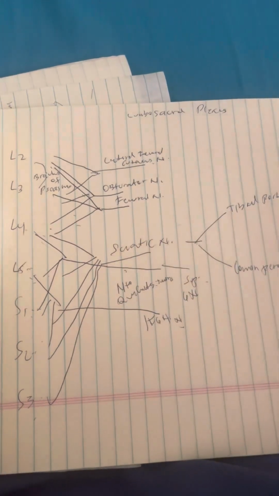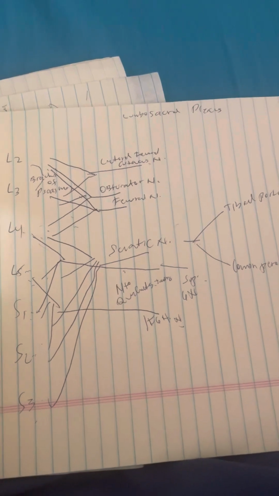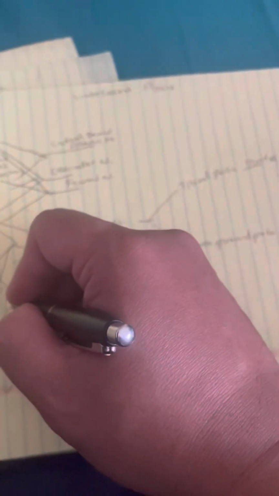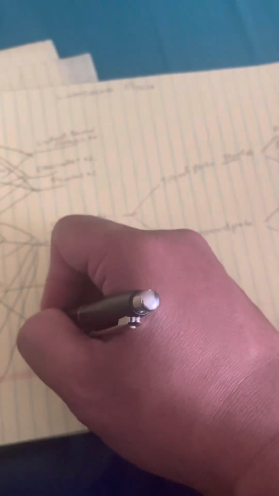So L5, S1, S2 is the inferior gluteal nerve and the nerve to obturator internus. Okay, now in S1, S2, there is one nerve, which is the branch to the piriformis.